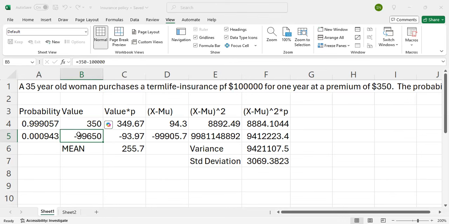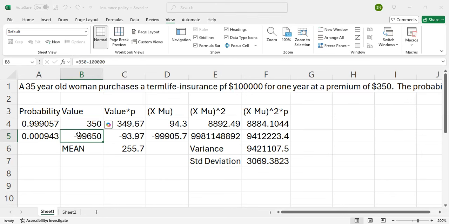And in that case, the insurance company hands out, not really, this is something you have to be careful about. If the woman does not survive, it will seem at the start that the insurance company loses straight $100,000. Not so quick. The insurance company, remember, has pocketed $350 at the beginning of the year.